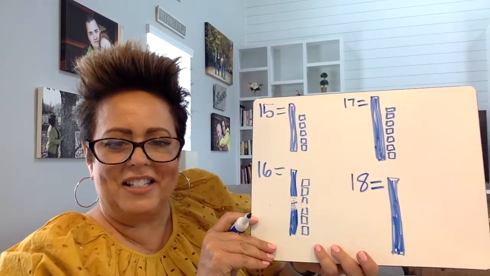Let's do the number 18. So make your 18. Make your tower that has 10. There is 10.